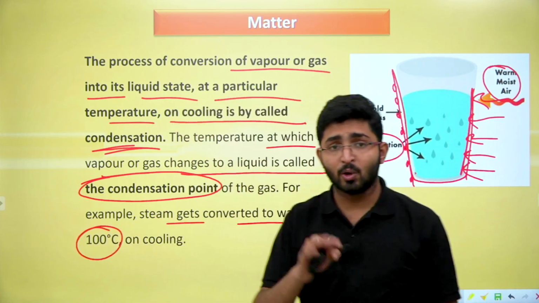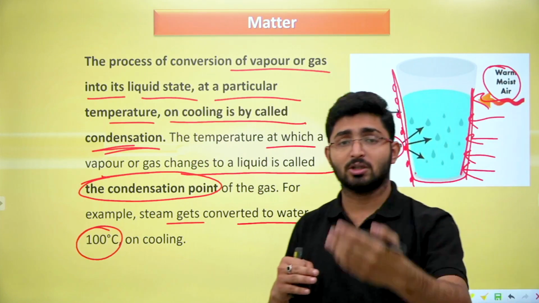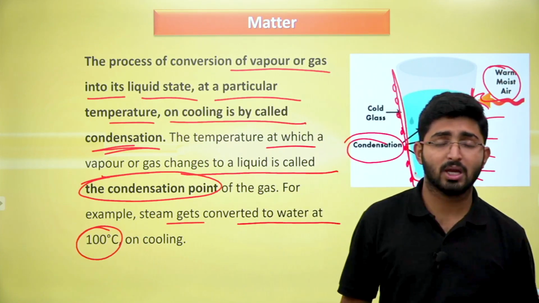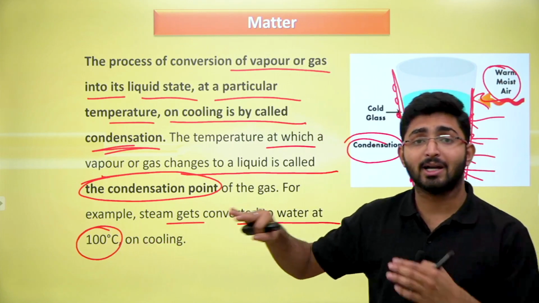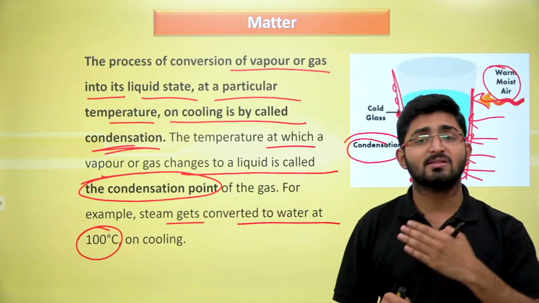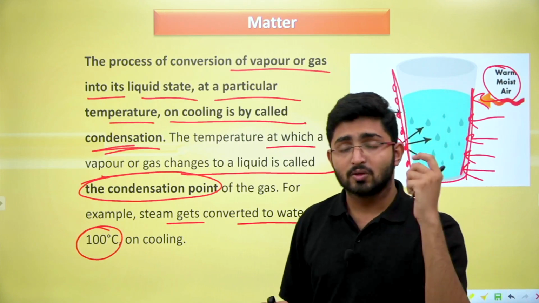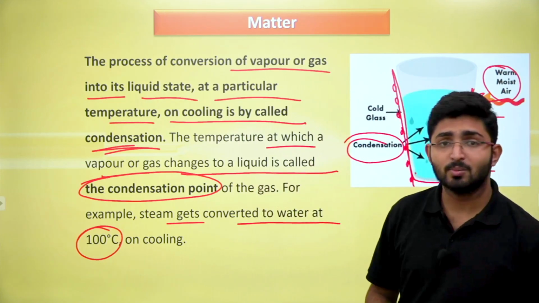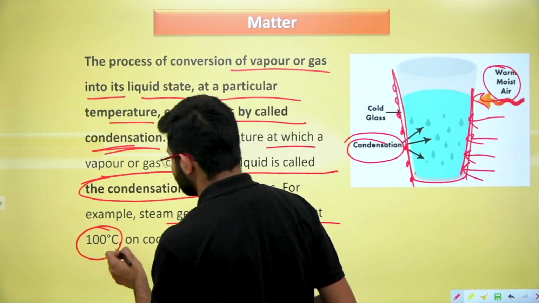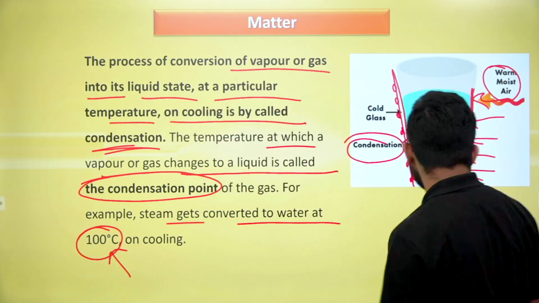Always remember, when we want to change steam into liquid, the condensation point at which the steam or gas changes itself into the liquid state is 100 degrees Celsius, right? I hope this is very clear to you.